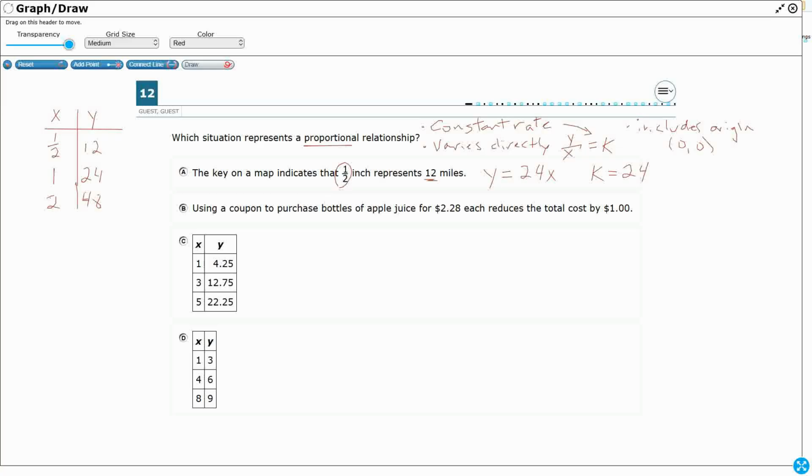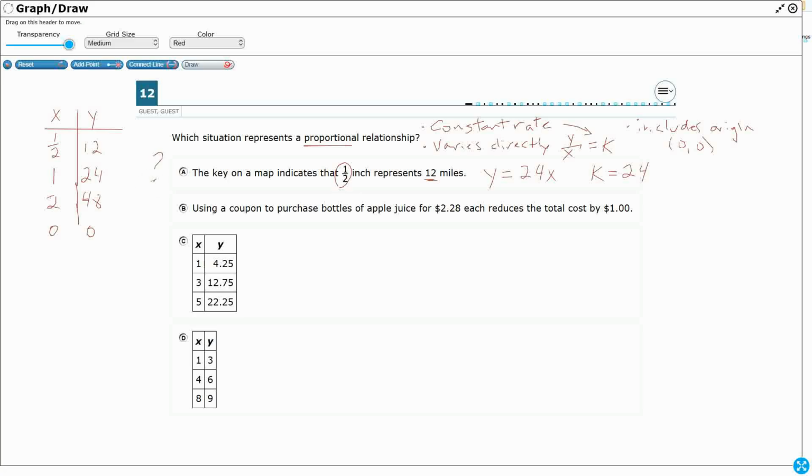So this looks like it actually is a proportional relationship because if I had 0 inches, that would be 0 miles. If you haven't gone anywhere on a map, then you haven't gone anywhere for that representation in real life. All right, so this looks good.